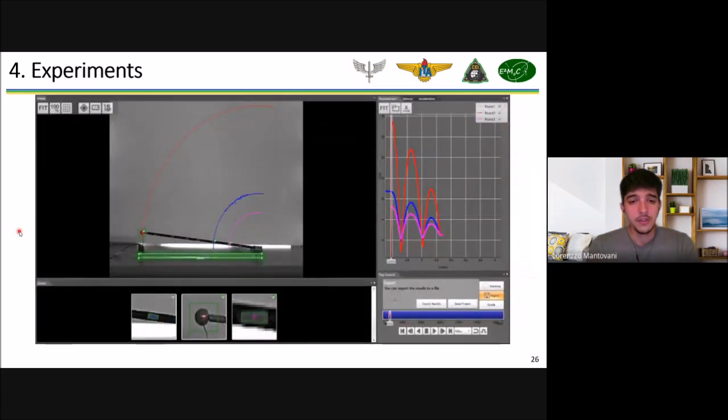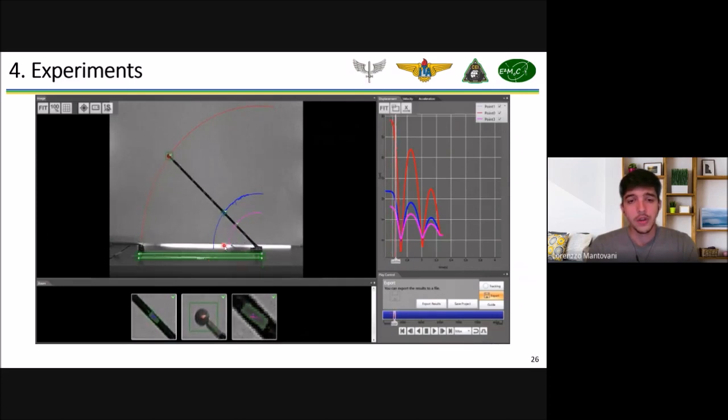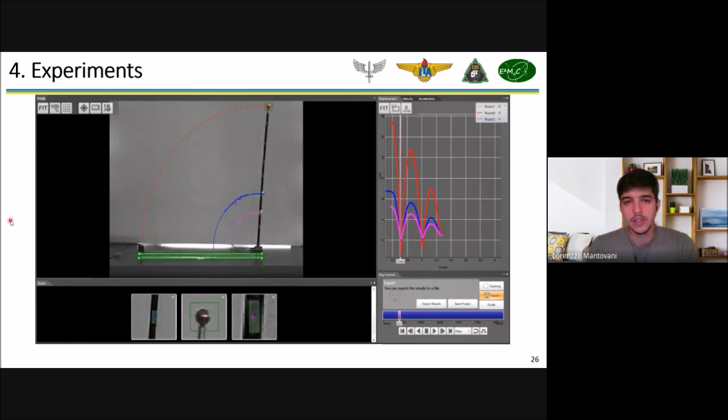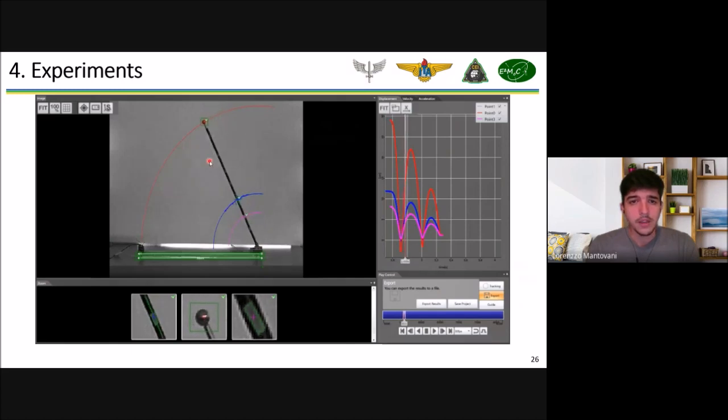So we have here the boom during its deployment, and the tracking software is tracking 3 points at the same time along the boom's length. You can see here some gray tapes that we placed along the boom's length, used to improve the contrast so the software knows what it should track.